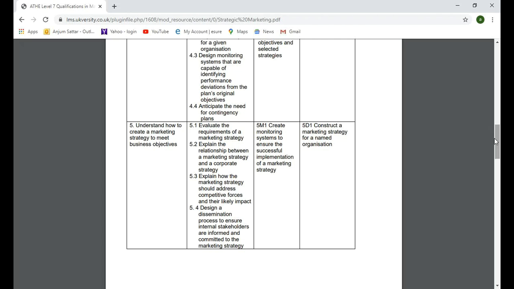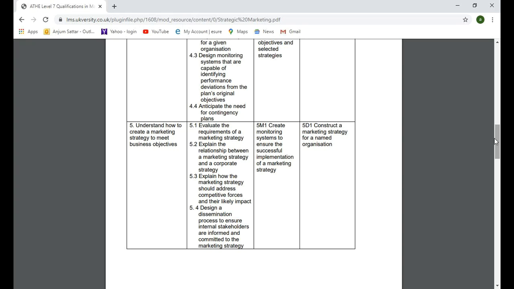Today's lesson is to understand how to create the marketing strategy to meet the objective. We need to look at what objectives we have as an organization, and what strategy will be best to achieve the organization's objectives. So evaluate the requirements of the strategy. For any strategy, the requirement is a good marketing analysis. You need good information. Information can come through two things: marketing research.